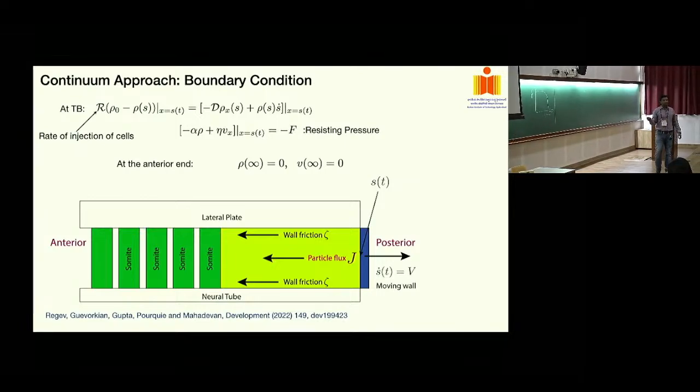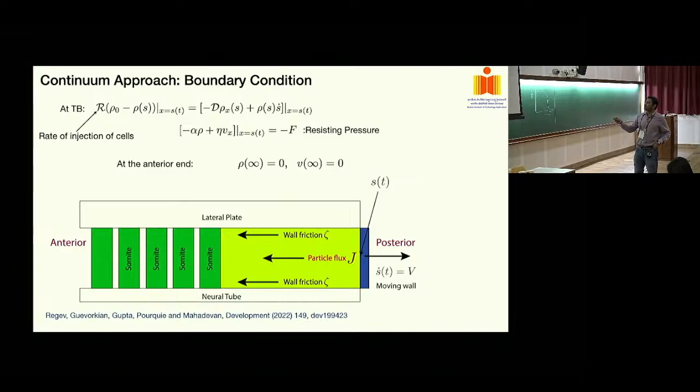Yes. So basically, R is the rate of injection of cells. As in the earlier case, in the neighborhood of the tail bud, the boundary condition should be such that it maintains a constant density at the tail bud. So rho 0 is that. Rho S is the boundary density at the interface. S represents the position of the boundary.